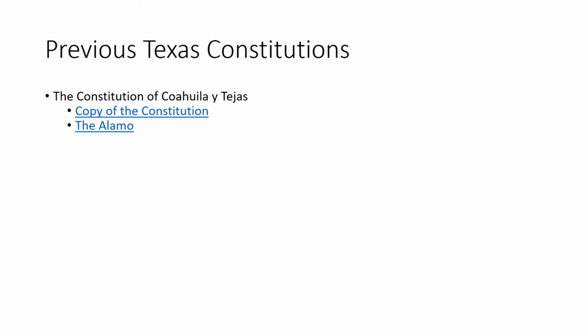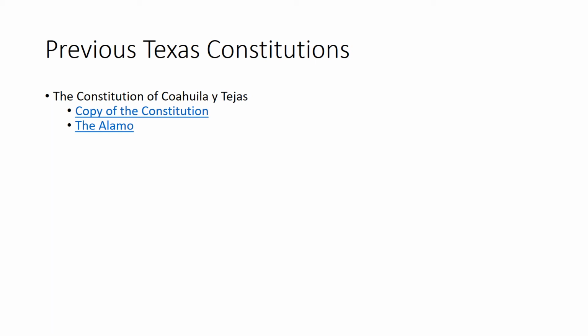This means if Anglos came from the United States to start a new life in Texas, any homestead property created in Texas could not be seized to pay their debt back in the United States.